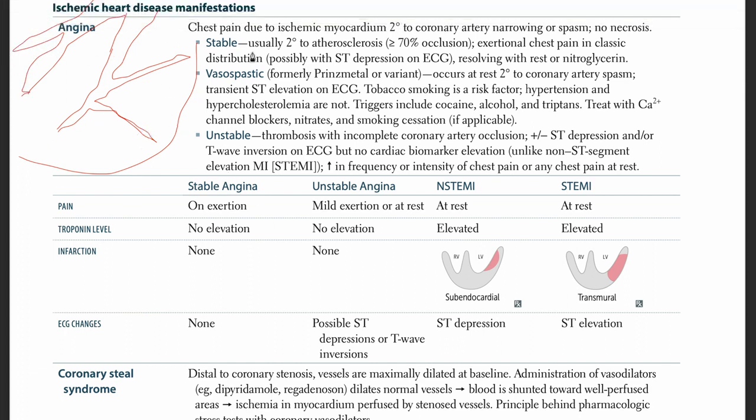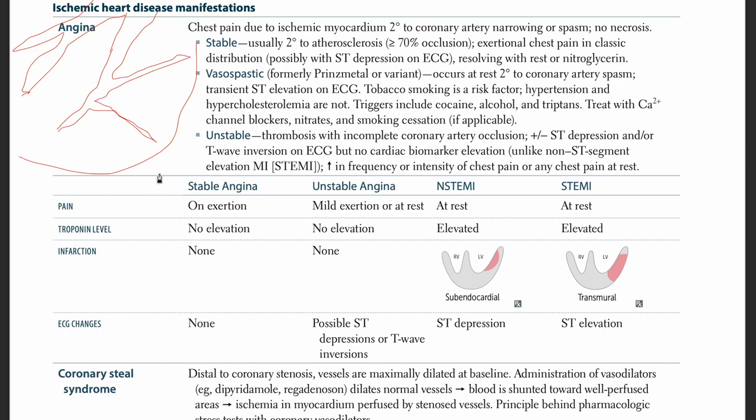Perfect. Chest pain due to ischemic myocardium. So these arteries are supplying blood to the myocardium. Secondary to coronary artery narrowing. So it could be that it's narrowed like this, right? So the blood can't go through to supply this area of the heart. Or spasm. It could be that this one is spasming, so blood has a difficult time going into that artery, so it's just going to avoid going into it.